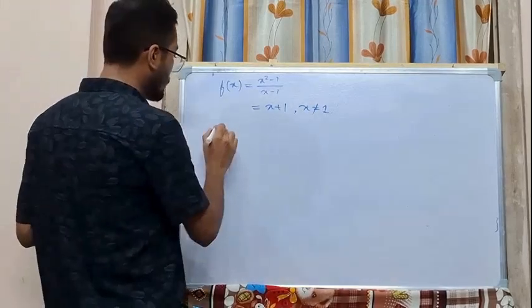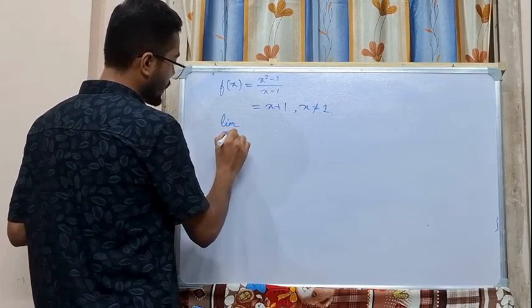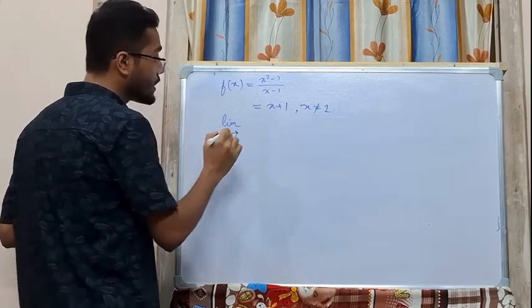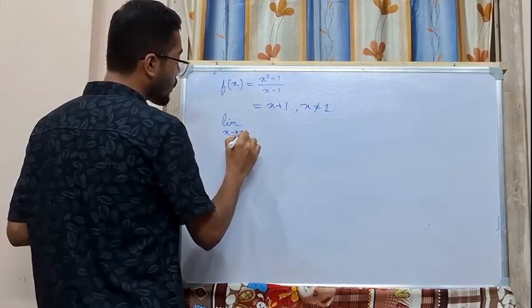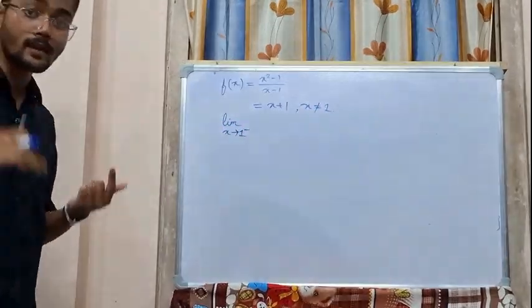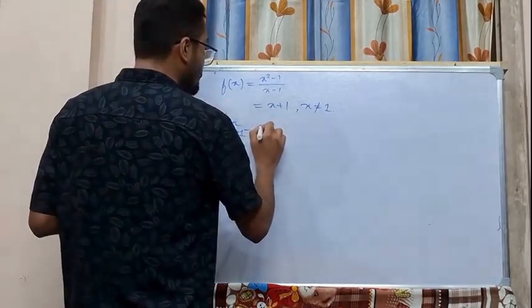Okay. Now, what will be the limit of f(x) when x tends to 1 minus? We have seen this with an example. Now we see it with the procedure.